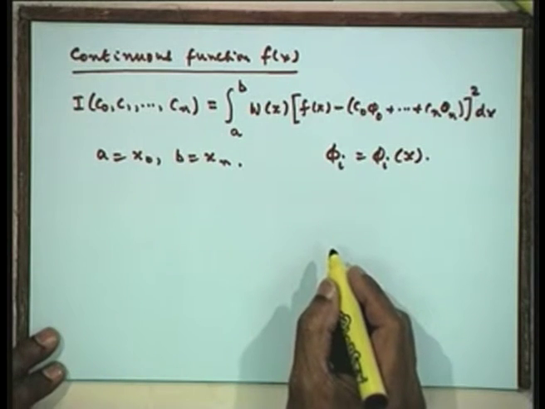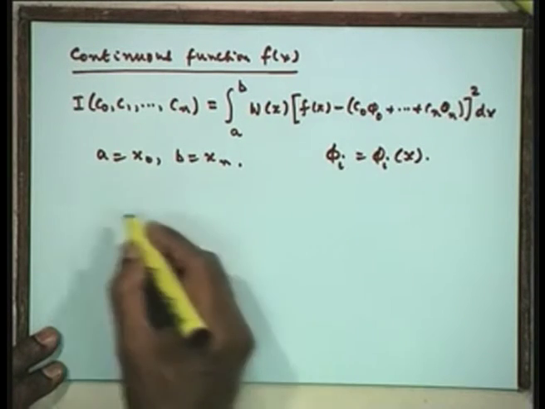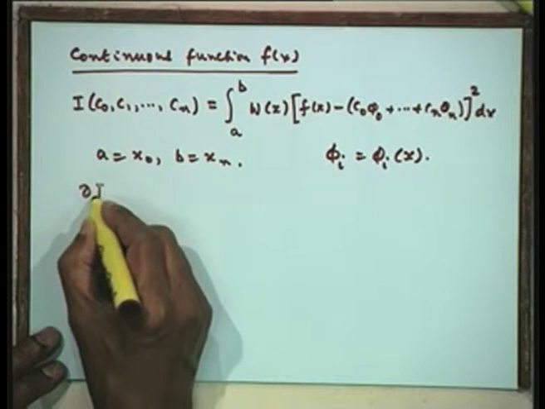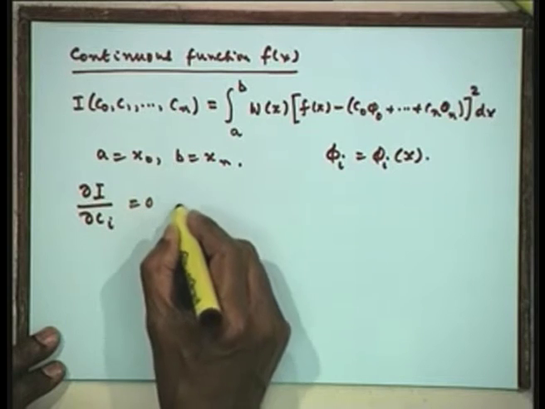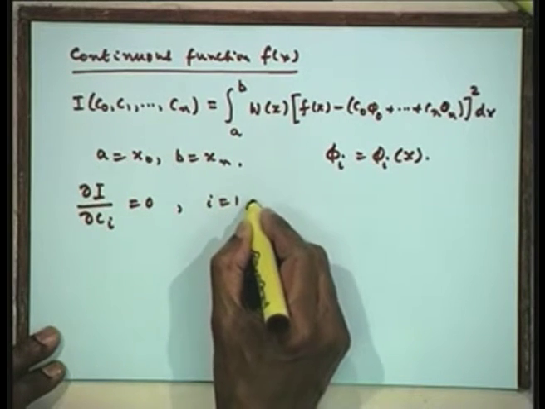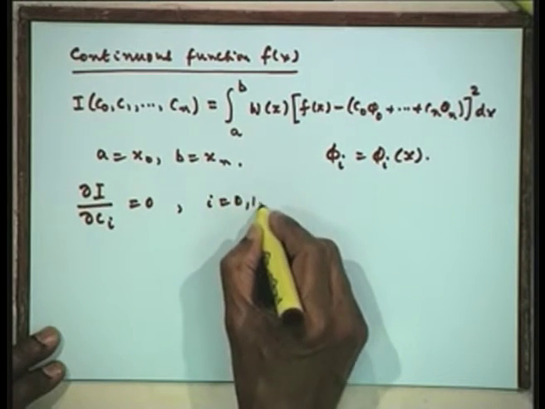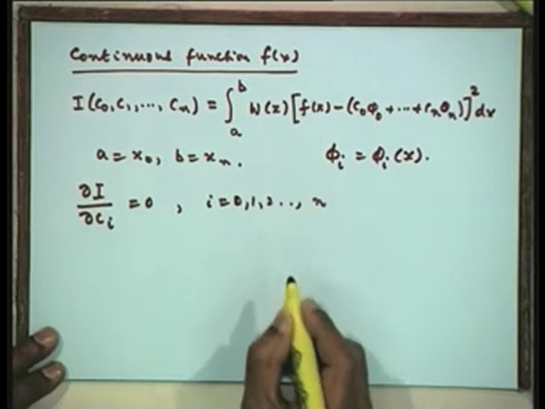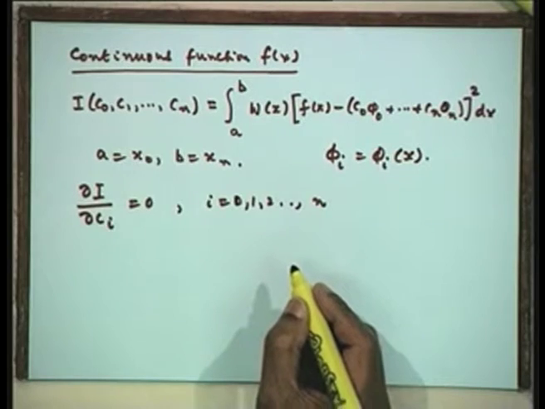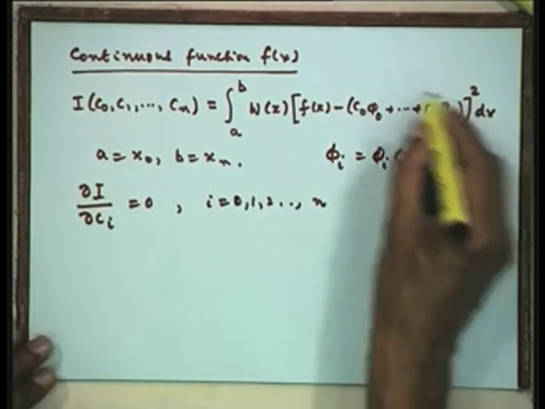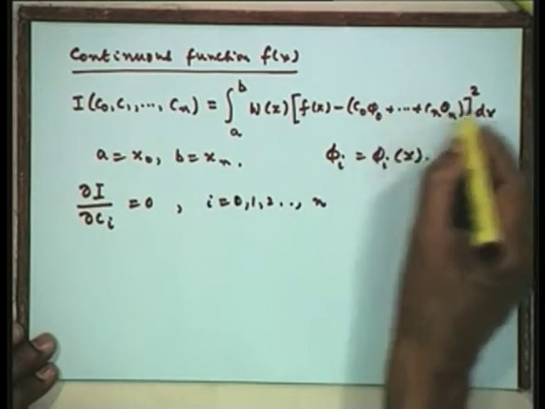Now, again for a minimum the necessary condition is that the partial derivative of I with respect to ci must be equal to 0 for i equal to 0, 1, 2, ..., n. Now, let us differentiate this with respect to ci partially.